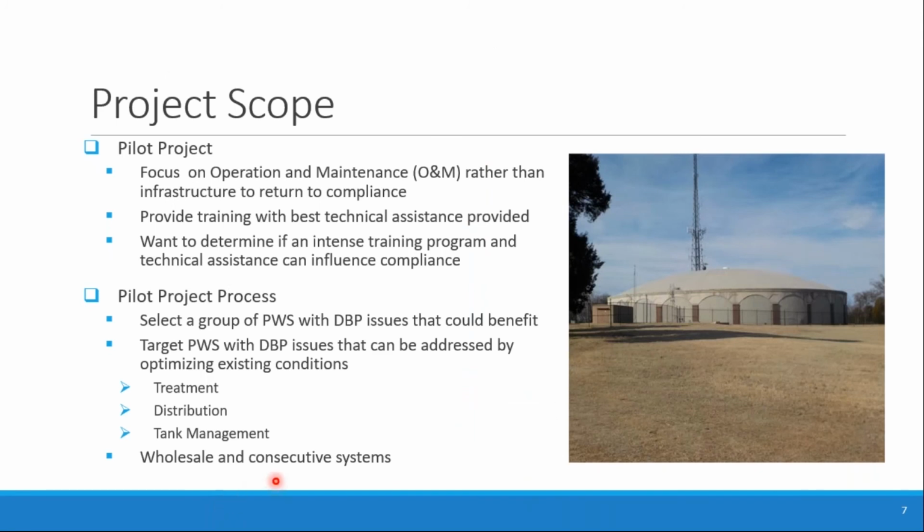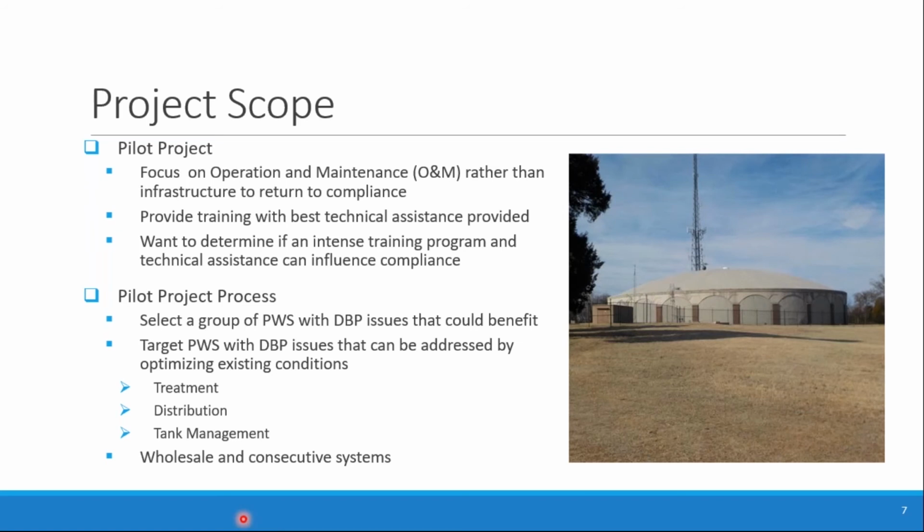And I think I mentioned most of the study objectives here. We want to focus on operation and maintenance improvements first, rather than expensive infrastructure investments. If we could provide training and the best technical assistance that we can leverage as an agency to these operators, just how much of an improvement in compliance can we expect? And that'll help inform the 25% goal. Is it too aggressive, or is it perhaps too lax?